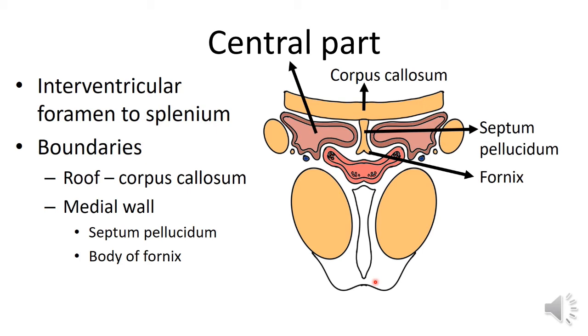You will see the boundaries of the central part. What you see here is the central part of the lateral ventricle. The roof of the central part is formed by the corpus callosum. The medial wall is formed by the septum pellucidum and body of the fornix.